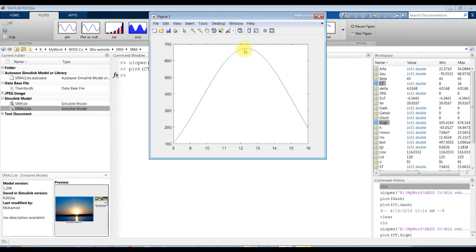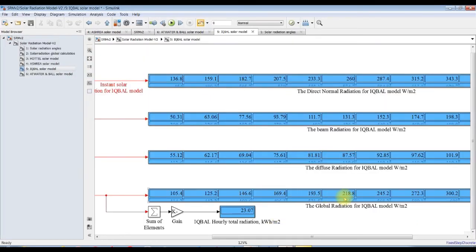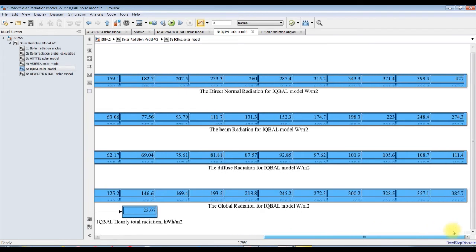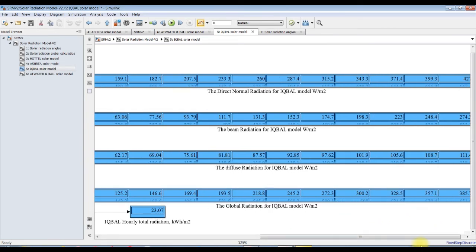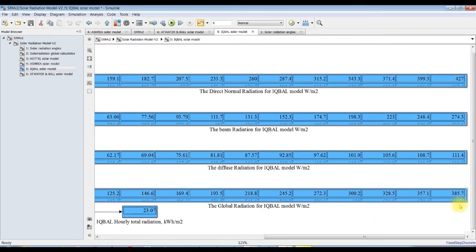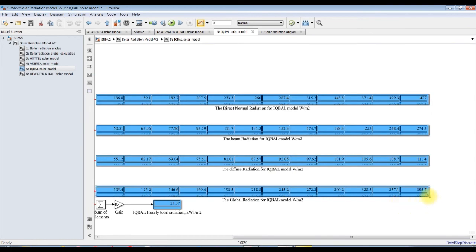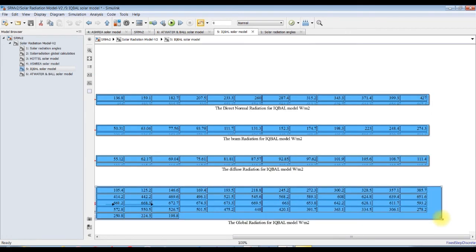It's around 680 or something like this. Let's see the value. We can emphasize this one in order to represent more data.